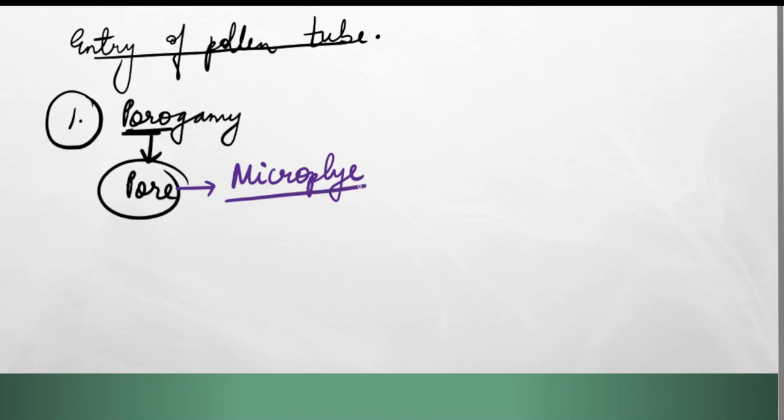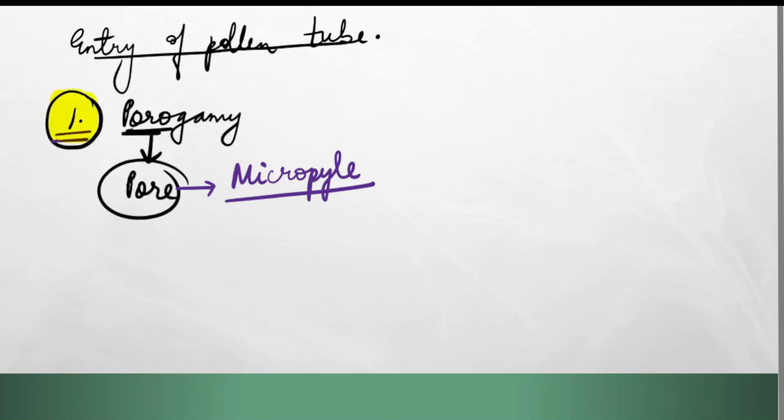So in the ovule there is a presence of the micropylar end. So from the micropyle it can enter. The pollen tube will go towards the micropylar end, or I will write simply micropyle. This is the first entry.